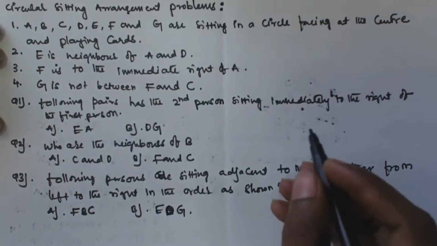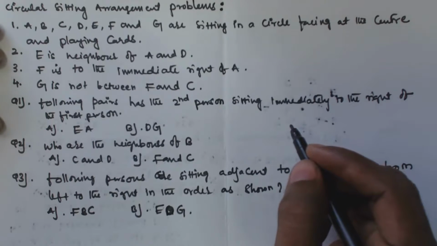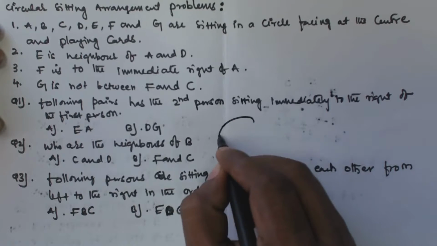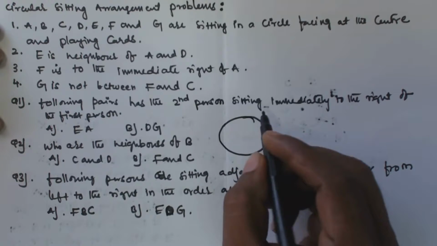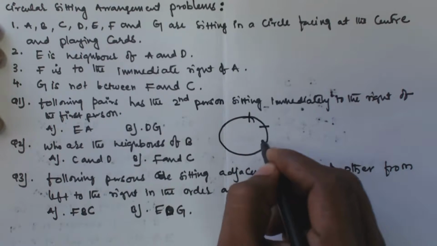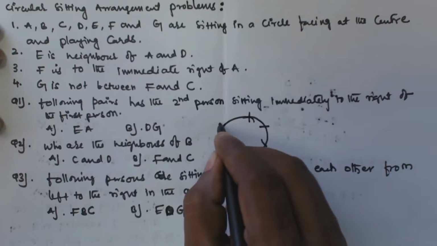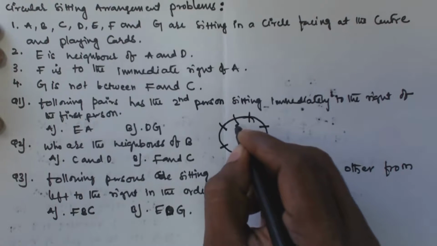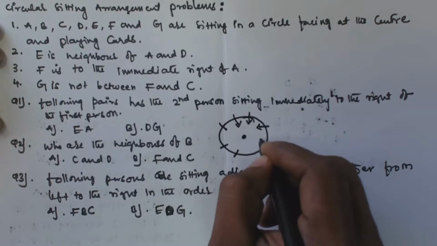It is given that A, B, C, D, E, F, G are sitting in a circle. So let us take a circle with 7 persons sitting, 1, 2, 3, 4, 5, 6 and 7. All are facing towards the center.